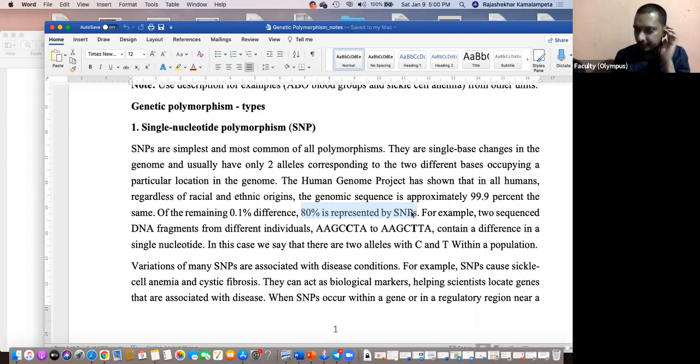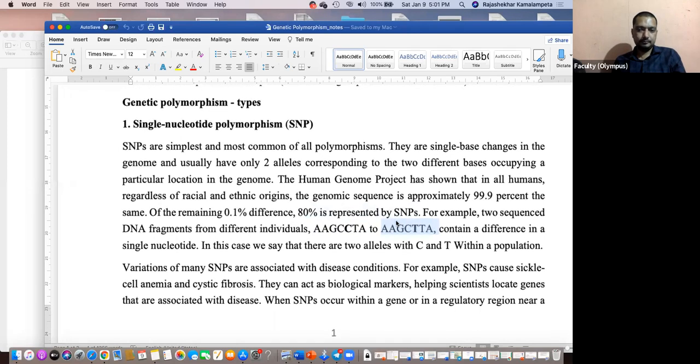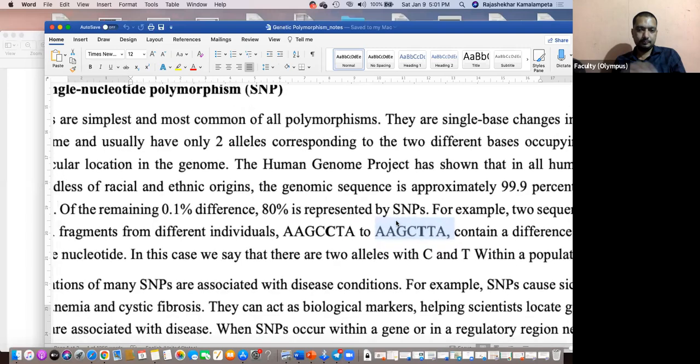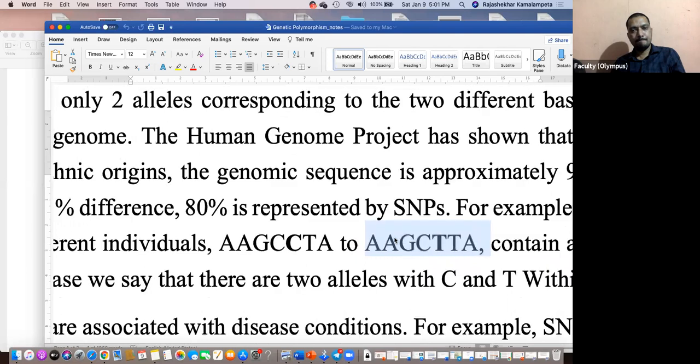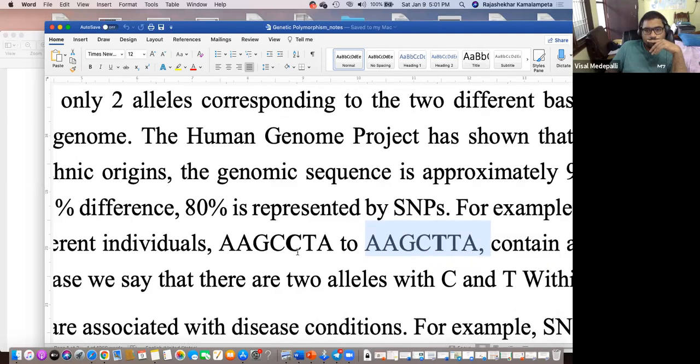Okay, as an example for you to understand, let's say we have AAGCCTA. What is the difference between AAGCCTA and AAGCTTA? How many letters are different between these two sequences? One letter, right?